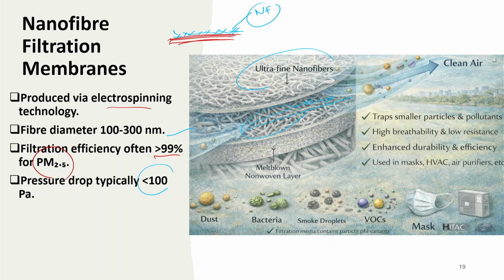So, different types of combinations we can generate, and the advantage is that it traps very small particles and pollutants, with high breathability and low resistance, because we have created a very fine thin layer, but the melt blown or maybe spun bonded substrate is there. So, it will generate breathability, and enhance durability and efficiency, because it is durable due to the substrate we have used.